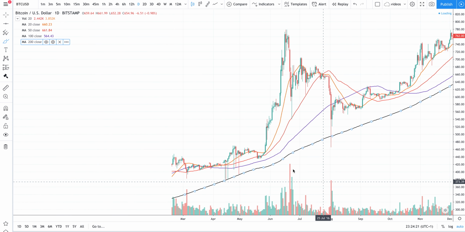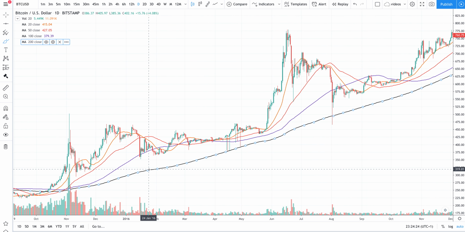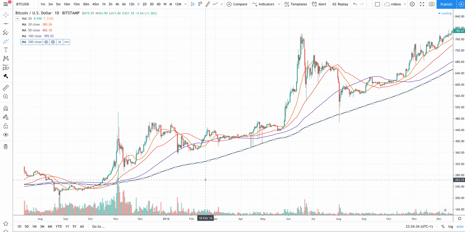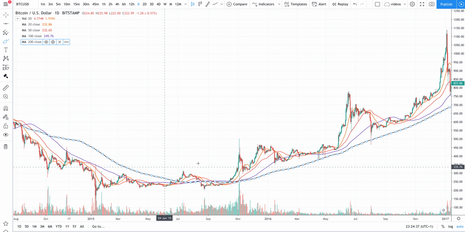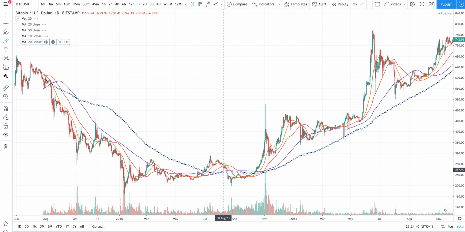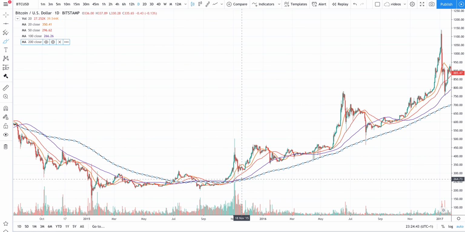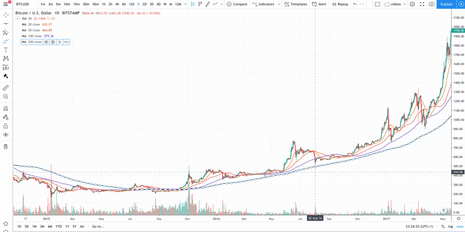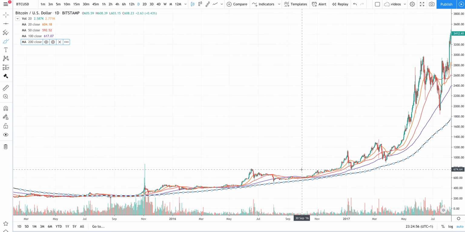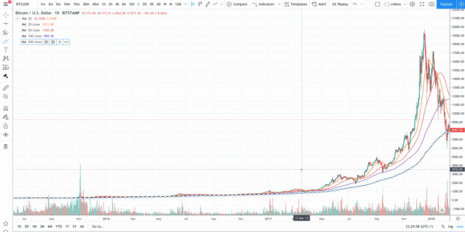You can see that all these moving averages, especially the 200, were always moving upwards, have a clear direction upwards. They almost never try to go in a downwards direction. So starting from the end of 2015, all these moving averages were going higher and higher.